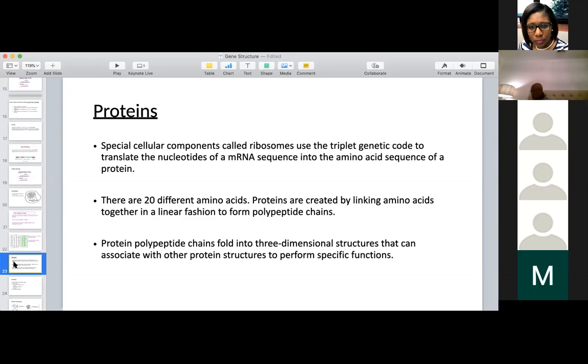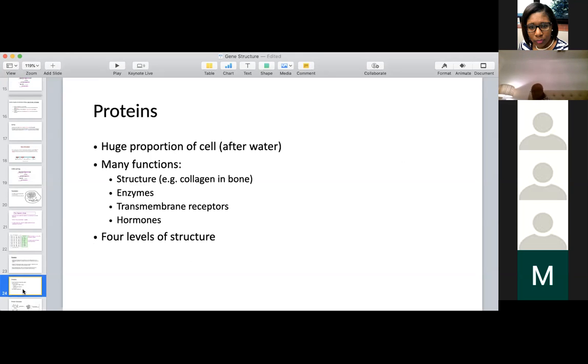We talked about the primary, secondary, tertiary, and quaternary structures of protein, and it is those structures that dictate the function of the protein. Just to recap, proteins have 4 levels of structure, and there is a direct relationship between the structure of the protein and its function.